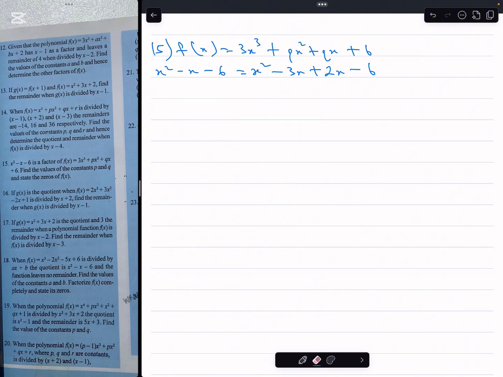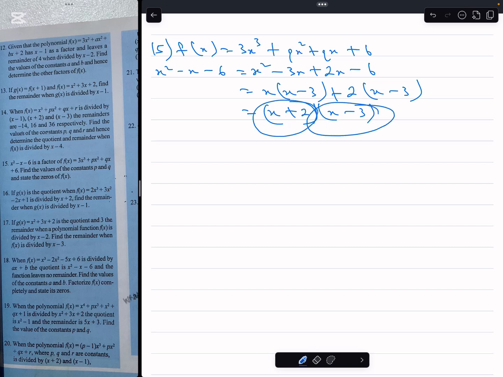That simply means x into bracket x minus 3 plus 2 into bracket x minus 3, which is x plus 2 times x minus 3. That means x plus 2 and x minus 3 are the factors of x squared minus x minus 6. And that's true. If you multiply the two of them, you'll get x squared minus x minus 6.